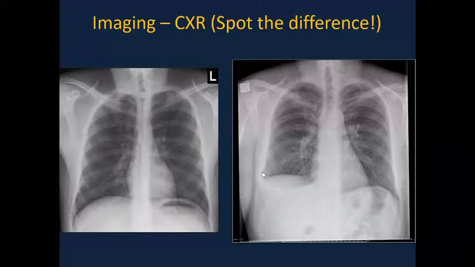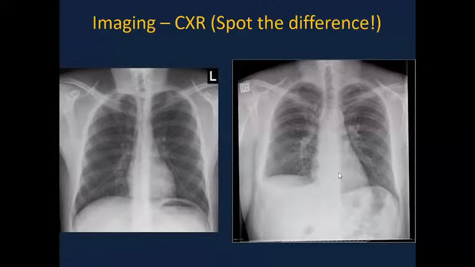And as you can see on the image on your right, there is a blunting of the costophrenic recess, and also what we call a meniscus picture, which is a sign of pleural effusion on the left side.